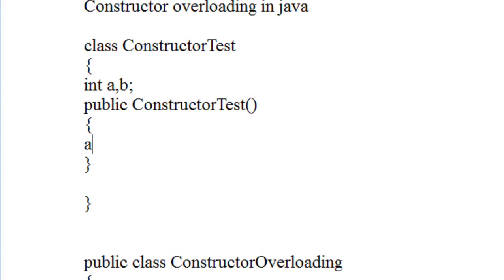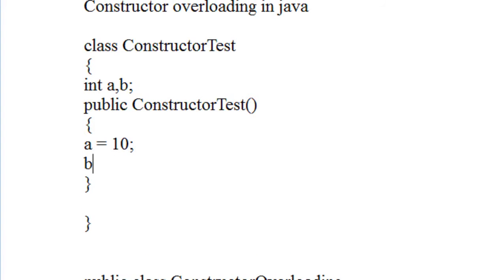Here I assign two values for the variables: a is equal to 10 and b is equal to 20. I just assign two values for the variables a and b.